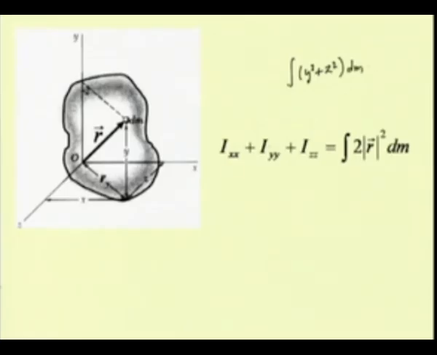In the same way we add the other quantities, the integral of x square plus z square dm plus the integral of y square plus x square dm, which is nothing but 2 times x square plus y square plus z square, which is equal to the magnitude square of this vector r. So, we write it as the integral of 2 times the magnitude square of r bar.